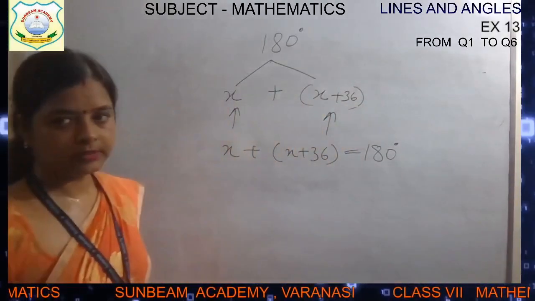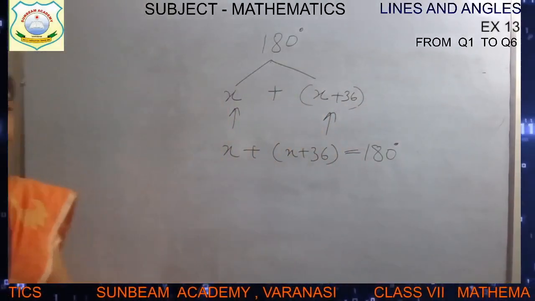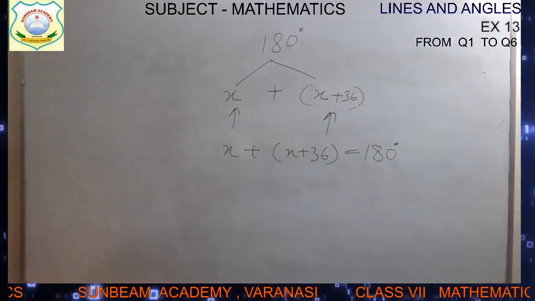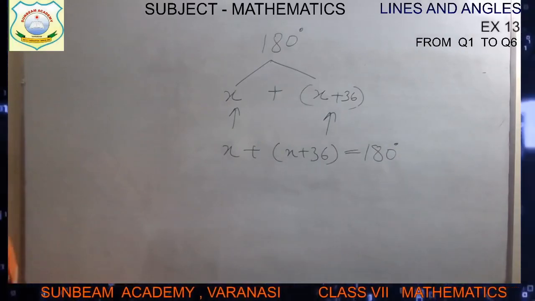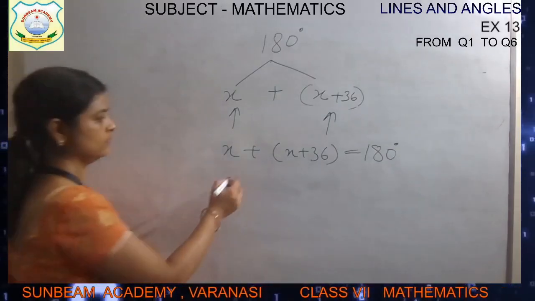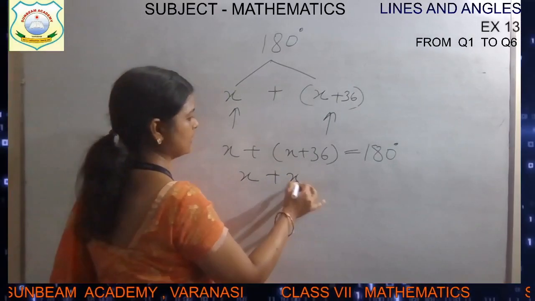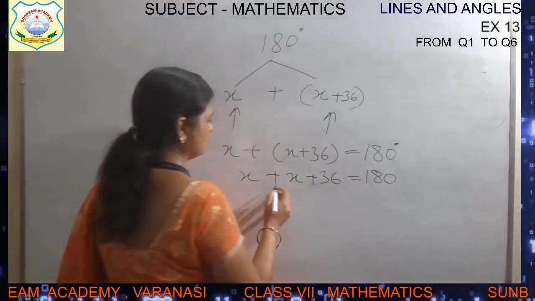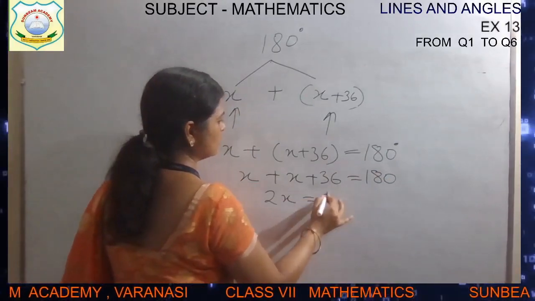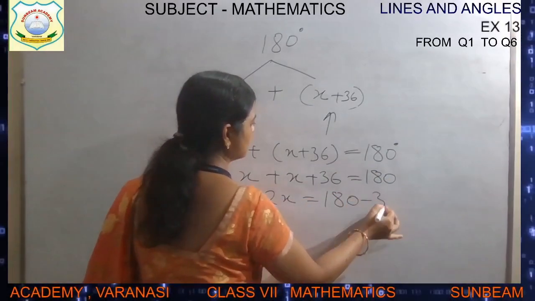Now, after this, what will you write? Just quickly add it, children. x plus 36 is equal to 180. So this is 2x is equal to 180 minus 36.